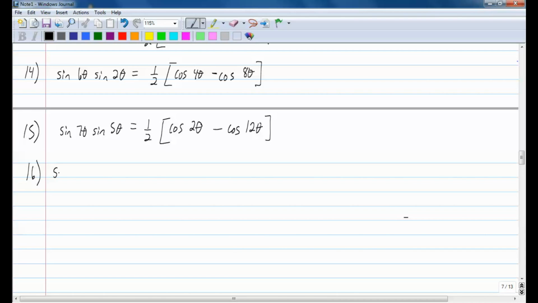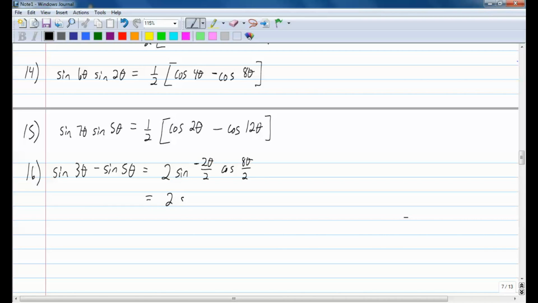Number 16, sine of 3 theta minus sine of 5 theta. So we want to take this difference and change it into a product. So make sure you use the formula that's sine minus sine, or sine alpha minus sine beta. Alright, we're going to have 2 times the sine of alpha minus beta over 2, so 3 theta minus 5 theta, that's going to be negative 2 theta over 2, times the cosine of alpha plus beta over 2, so that's 8 theta over 2.